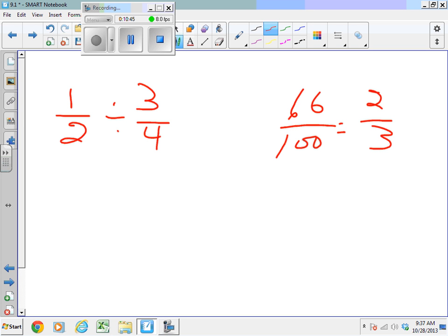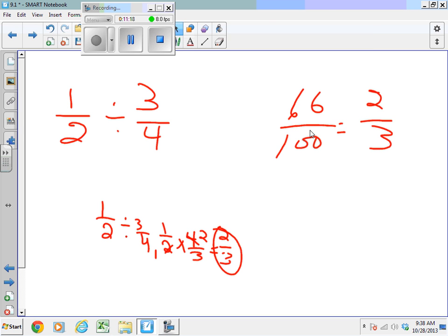Who solved this problem here, 1/2 divided by 3/4? Julia? Okay. You want to show us what you did? Go ahead. Got the same answer that we got over there.